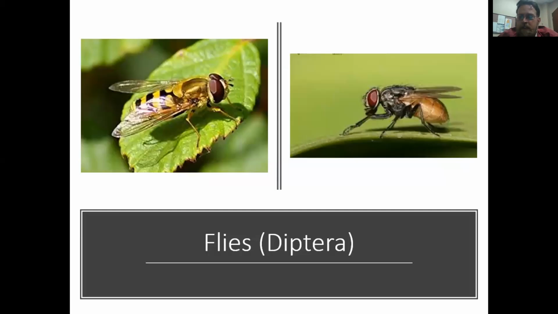All right, these are the flies, the Diptera. Diptera literally means two wings, and as I mentioned earlier, the hind wings on flies are modified down into what's called halteres, and they really just use their forewings for flying.